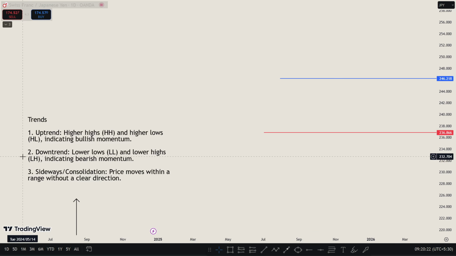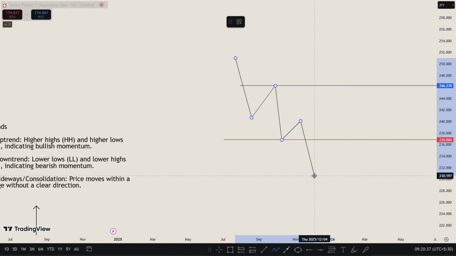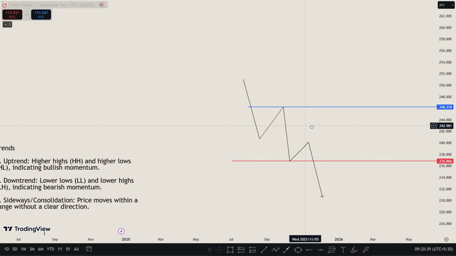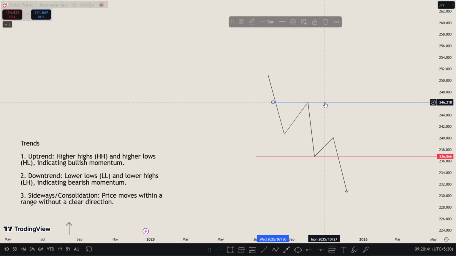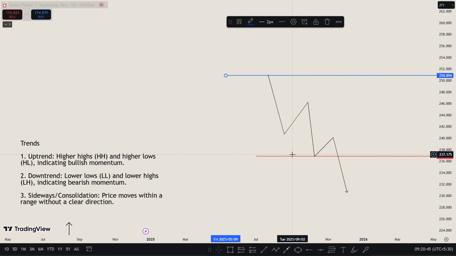The second is the downtrend, which includes lower lows and lower highs, indicating bearish momentum. As you can see, the blue line will be the lower high and the red line will be a lower low.